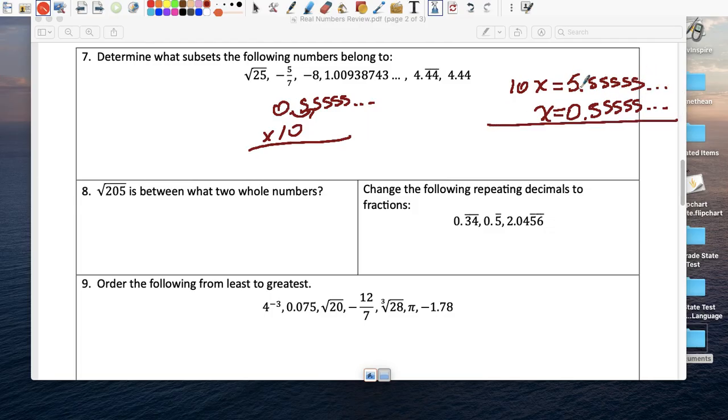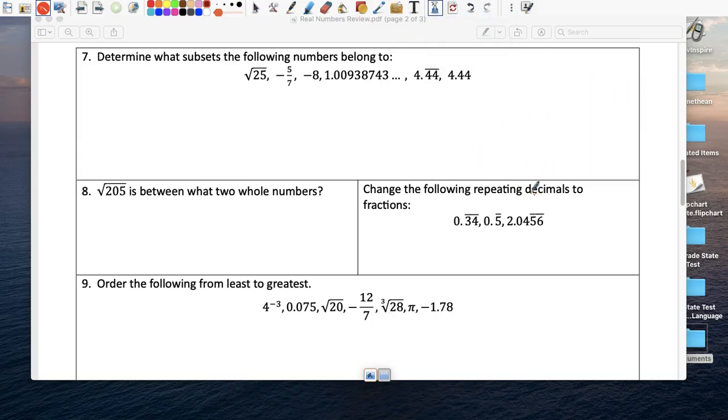Everything to the right of the decimal becomes 0, because it's 5 minus 0, 5 minus 0. 10x minus x is 9x. 5 minus 0 is just 5. We divide that by 9. x equals 5 over 9.